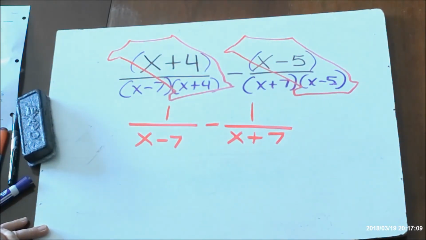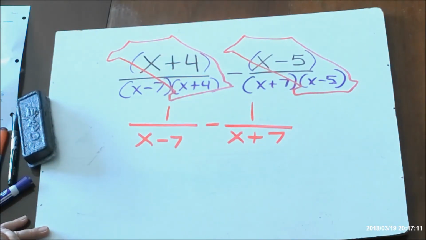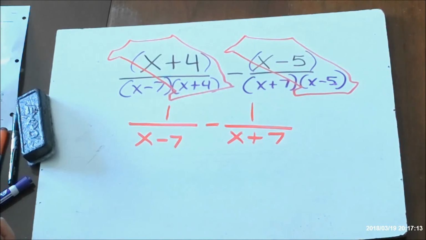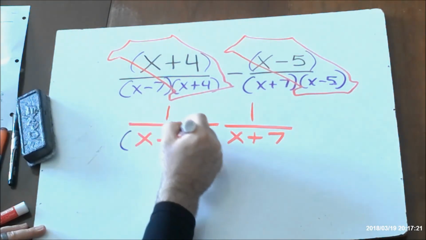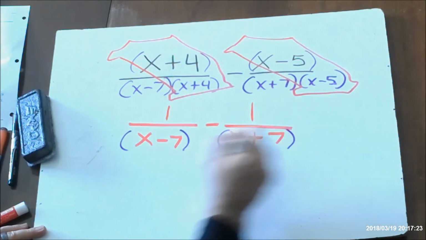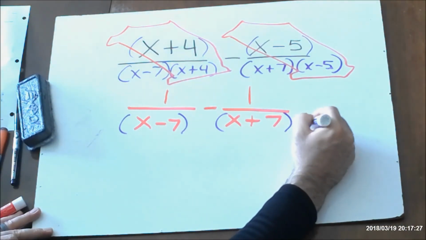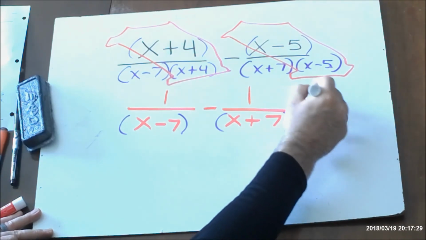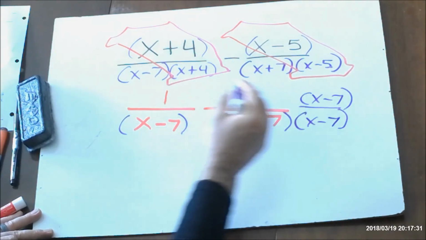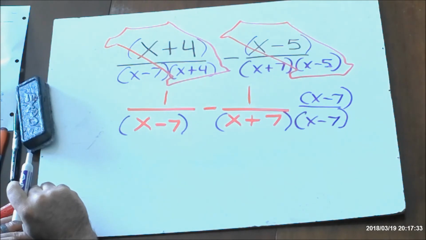Now, this is a much easier question. In fact, the very first question that we did in this video was really similar to this one, where we had two denominators that were completely different, so we multiplied them by each other. So I'm going to go ahead and do that again, just like we did in the first question. The x plus 7 is going to get an x minus 7, again in a big 1 format, because that's the only way I can avoid changing the problem.